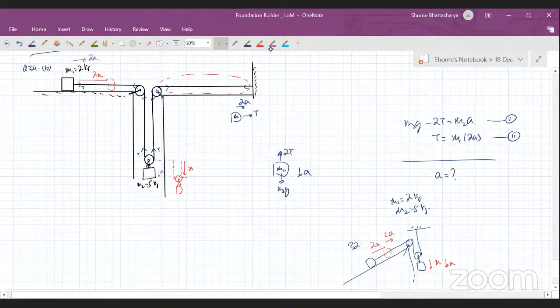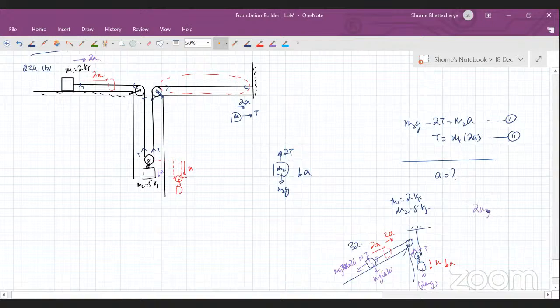Okay. And tension acting like this. mg sin 30 acting like this. mg cos 30 acting like this. Normal reaction, right? And on this one, 2T, its weight, which is 2mg. Okay.